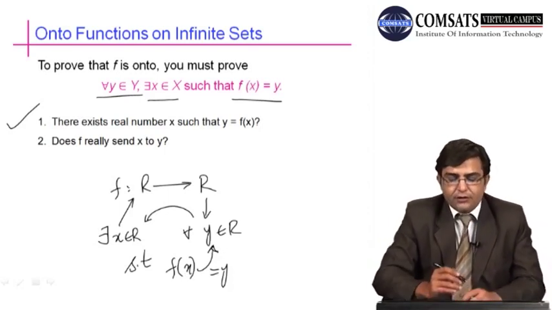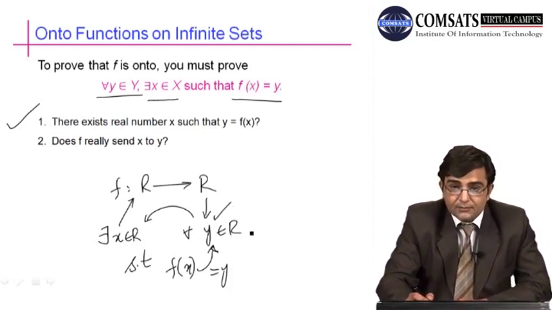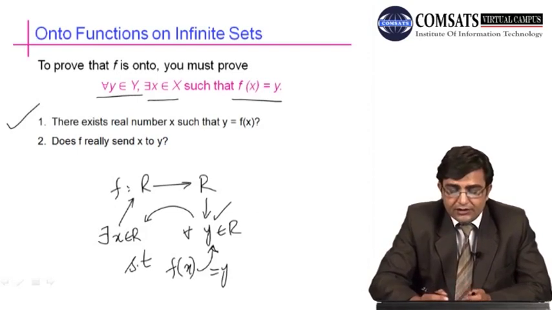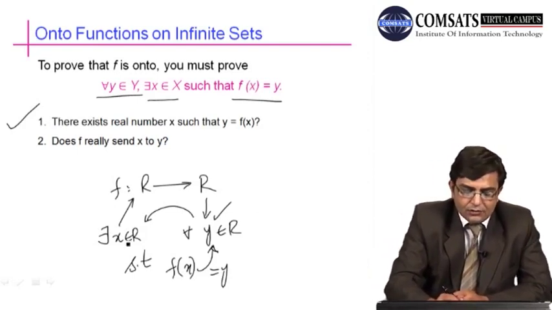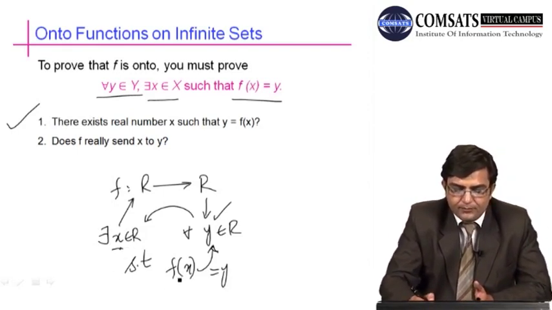So first of all, we suppose that y is any element of R, and then we shall try to find some x belonging to R such that f of x is equal to y, meaning f sends x to y.